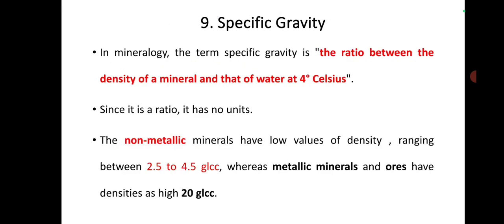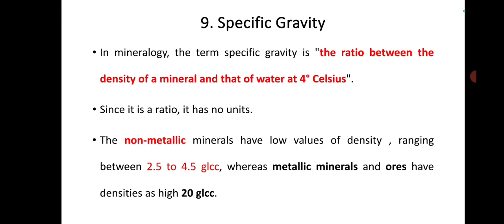Then the next type of physical property is specific gravity. In mineralogy, specific gravity is the ratio of the density of a mineral to the density of an equal volume of water at 4 degrees Celsius, and being a ratio, no units are there. Non-metallic minerals have low density values.